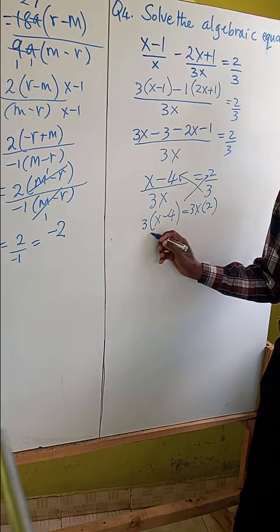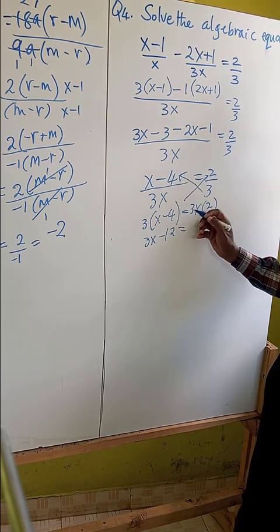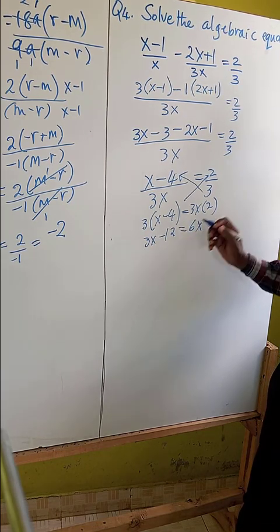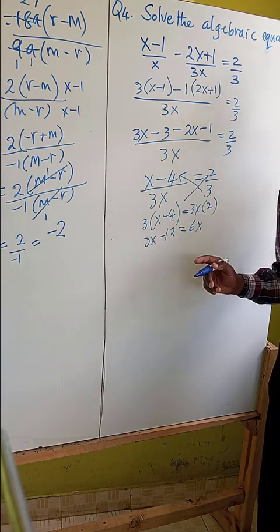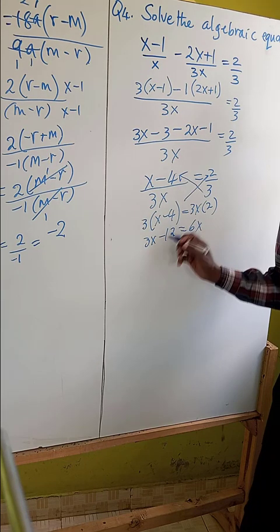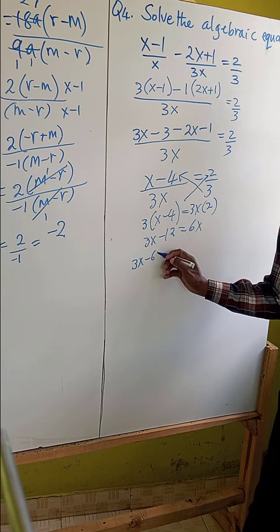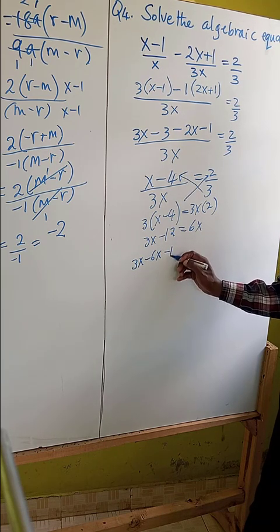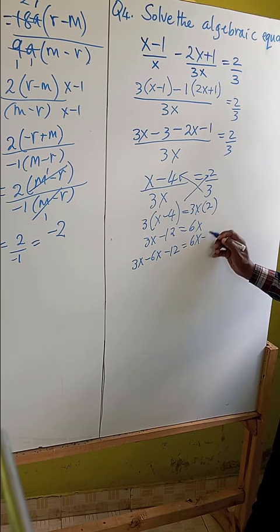We open the brackets and we get 3x minus 12 is equal to 6x. At this point, we put like terms together, and we can say that this goes to this side as a subtraction. That is 3x subtract 6x minus 12 is equal to 6x subtract 6x.